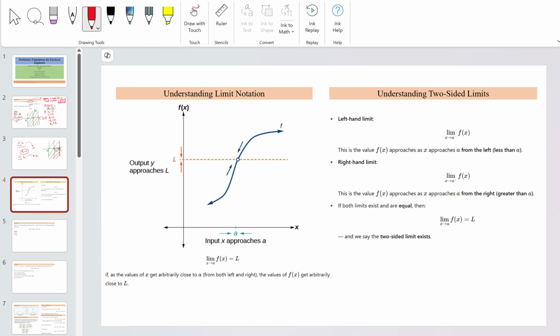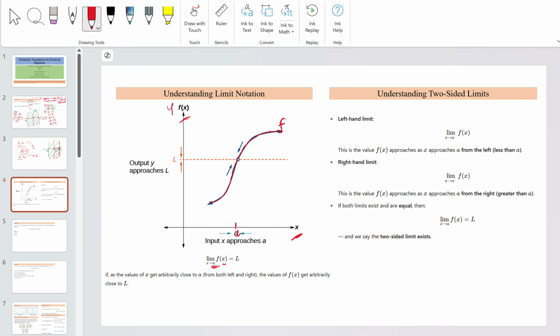The basic definition of how this limit notation can be seen: if you see a function f(x) on the y-axis and x on the x-axis, the limit as x tends to a of f(x). Suppose this is the f graph.